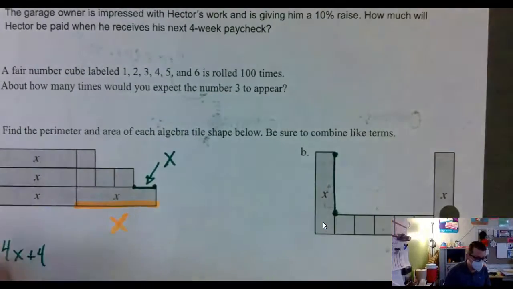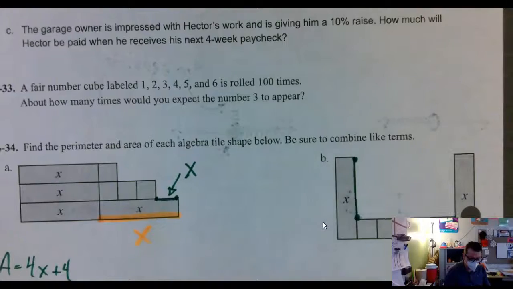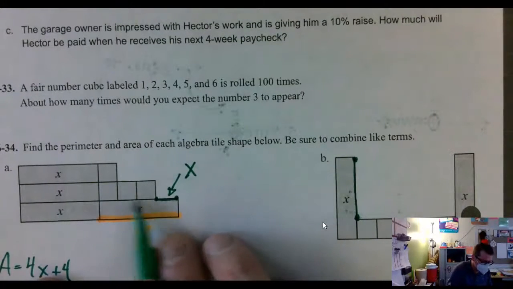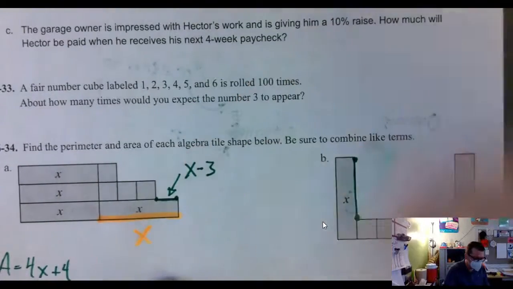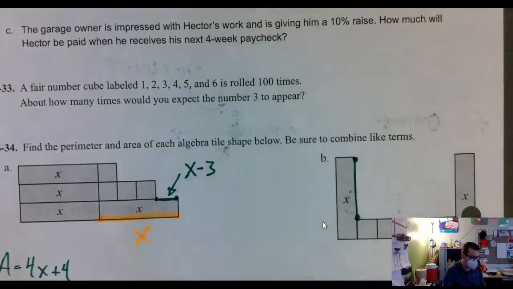That's an entire x. This up here would be x, except for the fact that they took away these 3 by stacking these blocks on there. So that is x minus 3 in that little section right there.